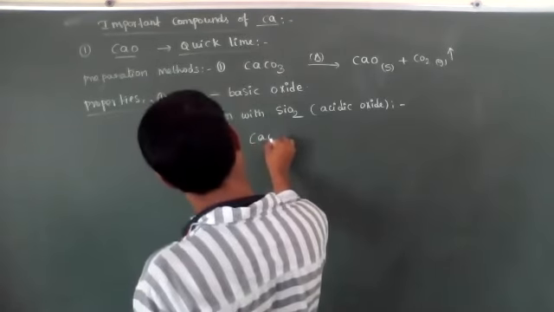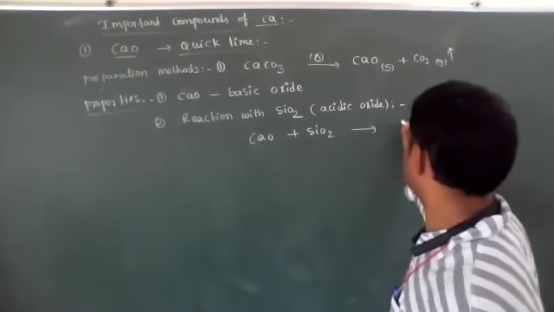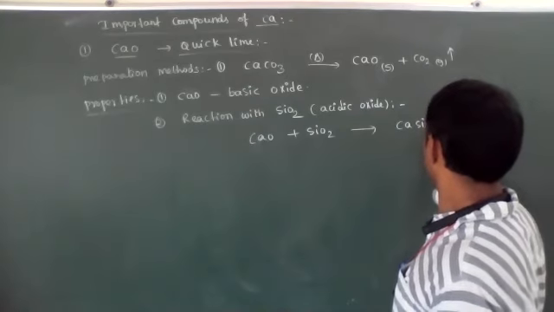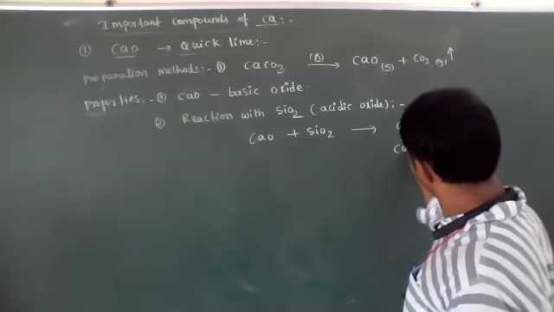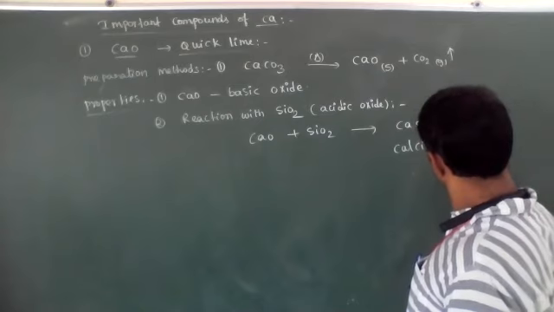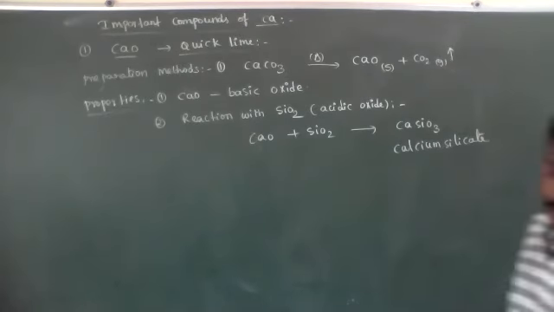So calcium oxide reacts with SiO2 and forms calcium silicate, CaSiO3. Its name is calcium silicate.